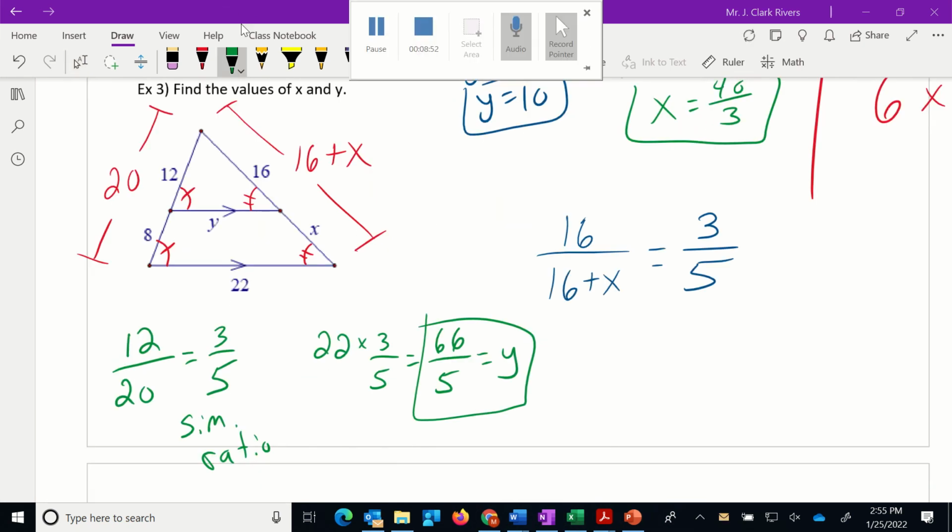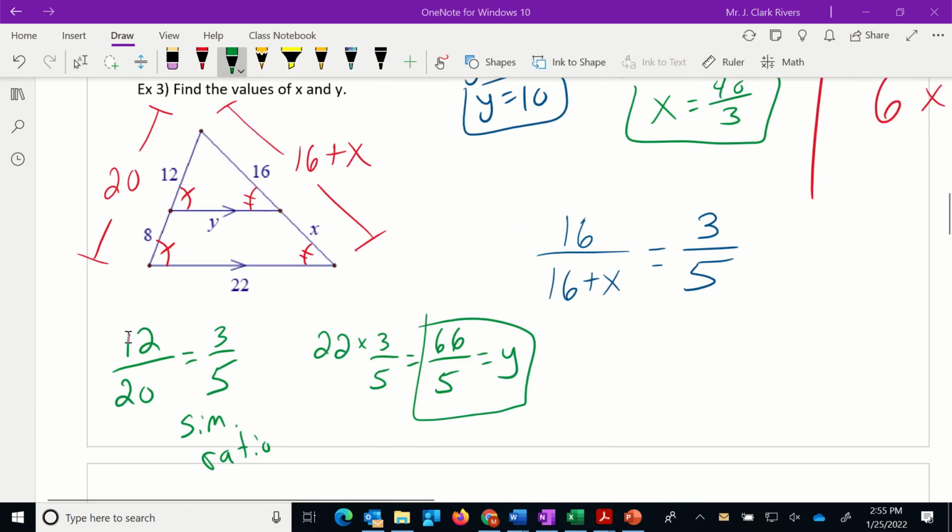You're fine. So 12 to 20. 12 corresponds to 20, right? That simplifies to 3 to 5. That's our similarity ratio. So what we can do, we can take 22. All right, if we're going from 22 to y, are we trying to make 22 smaller or bigger?